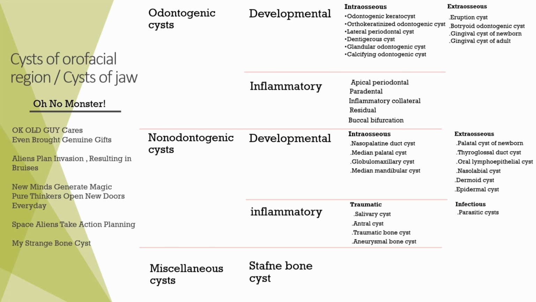In intraosseous, the mnemonic goes like "New minds generate magic." I have linked it with extraosseous, as in "Pure thinkers open new doors every day." So for intraosseous: nasopalatine duct cyst, minds: median palatal cyst, globulomaxillary cyst, median mandibular cyst.